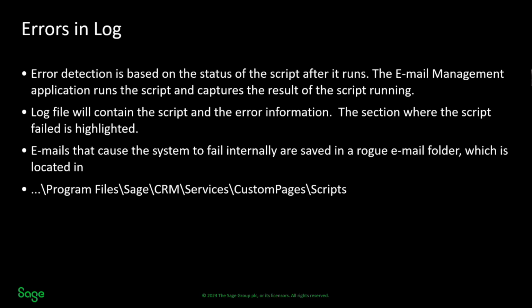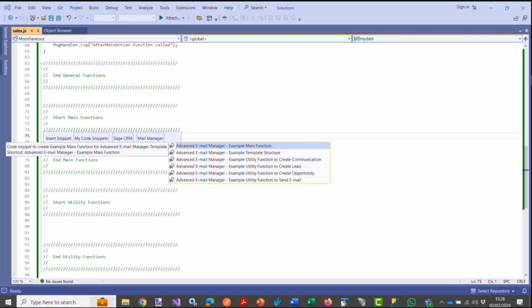But going back into our definition of templates, let's assume that we are wanting to construct our template to do this sales inquiry management. You can use the SDK scripts to allow us to drop in a little bit more information.